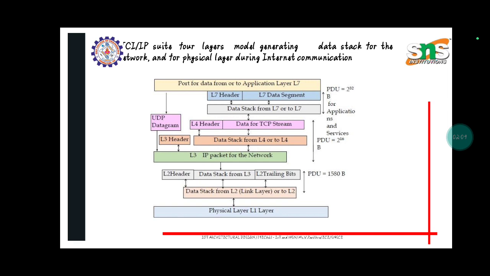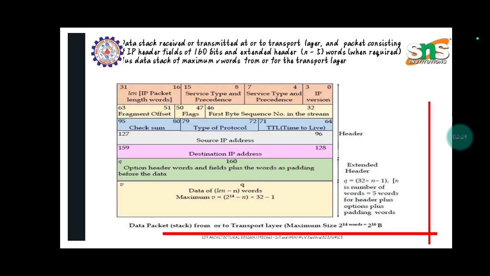Then it is connected to the data stack from L7, and then it is split into the header and the data segment, and this port from the data from the application layer L7. These are our user defined protocol datagram and PDU 2 power 32 B for application and service, PDU 2 power 16 B. Then it is the same as already discussed.